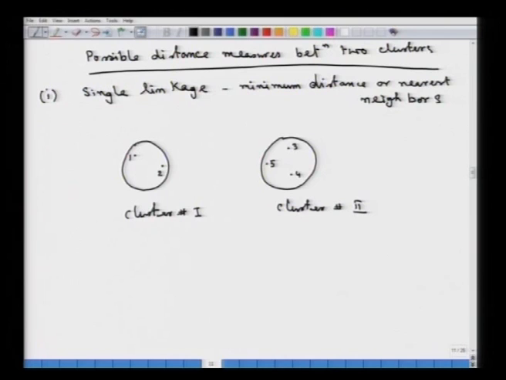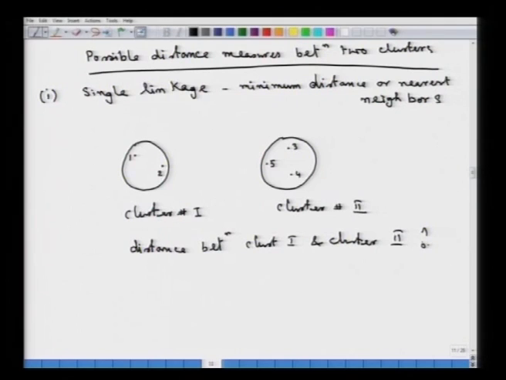Suppose it is in 2 dimensions and these are the locations of the points. 1, 2 are now put in one cluster, and 3, 4, 5 are 3 points which are put into another cluster. Now, the point is to find out the distance between cluster 1 and cluster 2.